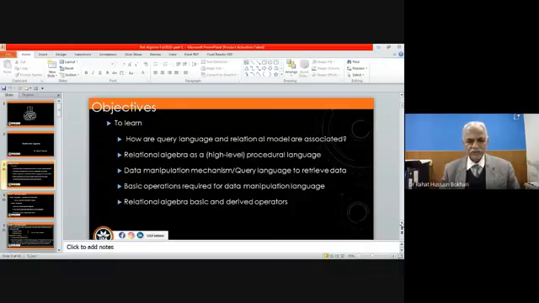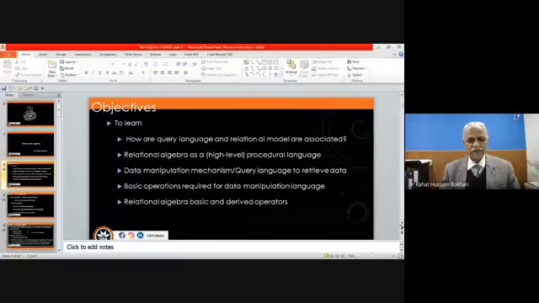So how it is important, and then we have to see how we do some queries whenever we prepare our tables, that is, relations, in order to manipulate our data or retrieve our data, or in other words, sometimes update our tables, and how such query languages help us.